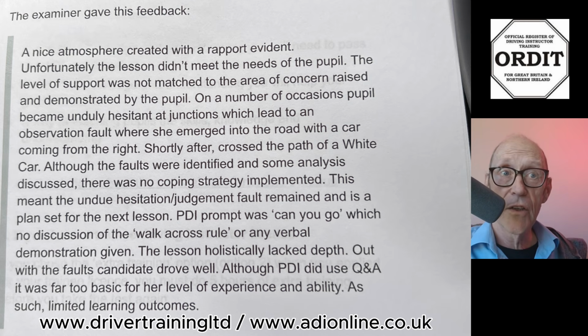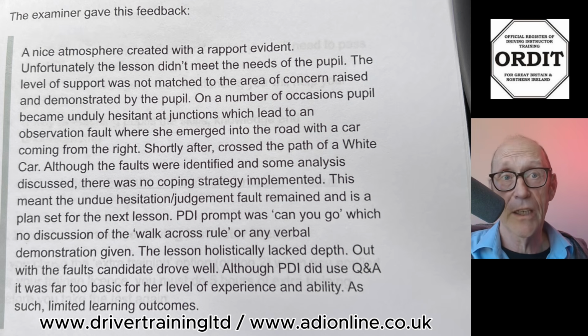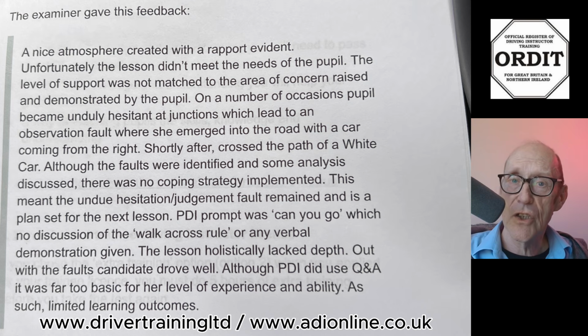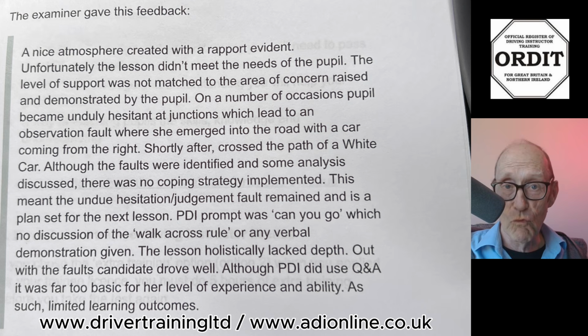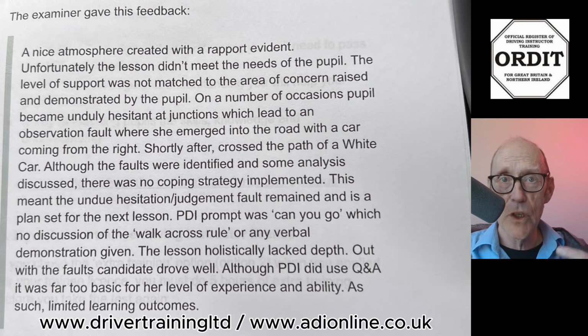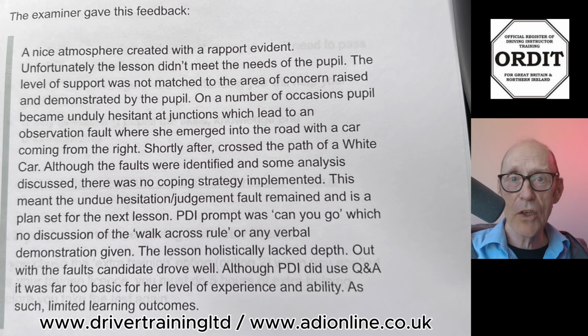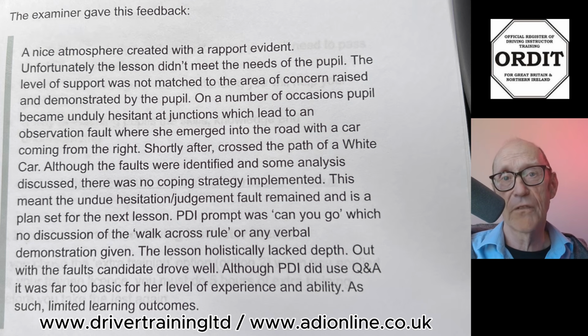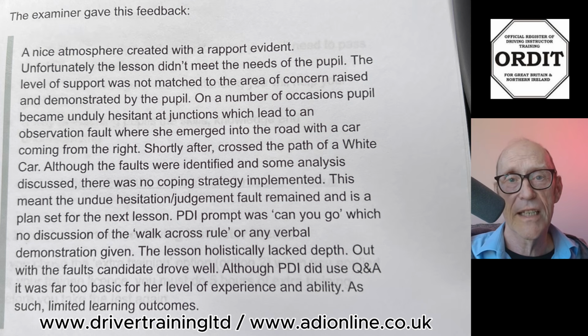So the car that was 30 seconds away is now 5 seconds away or 2 seconds away. So minimum observations at junctions for pupils: right, left, right again, then decide, as a minimum. Now, you as a trainee need to be watching that the pupil's doing that, because what we don't want them to do is pull out in front of vehicles when it's not safe to. So we need to make sure of that.